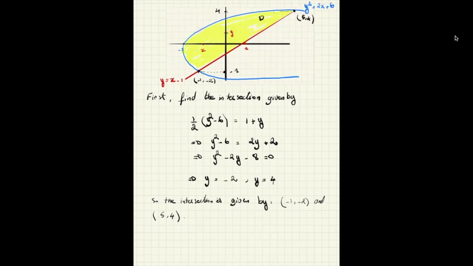Now, you can also do it the other way around. You can take x between 4 and here, but it's going to be a little bit harder. You have to break it down into two regions.